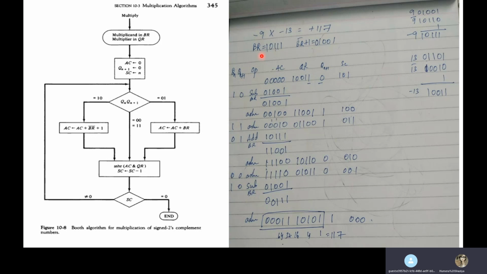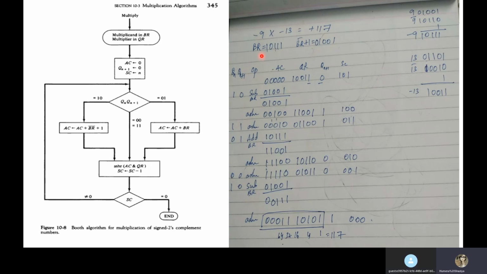The hardware of this Booth's multiplication algorithm includes the registers BR, AC, QR, and there is a sequence counter. The sequence counter is used to keep track of the number of iterations that you are performing, the number of sequences.